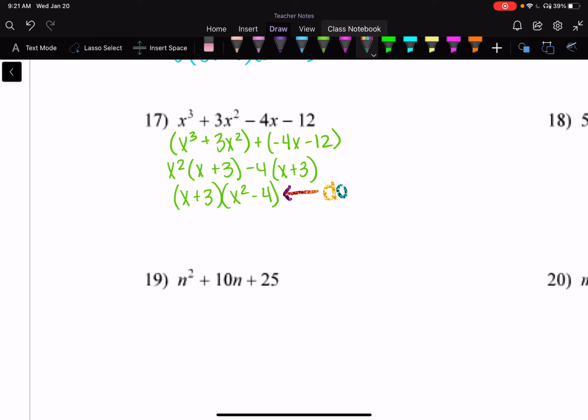This is a dots problem, so we want to make sure that we break it down. It breaks down to x and 2, so my final answer will be x plus 3, x minus 2, and x plus 2.